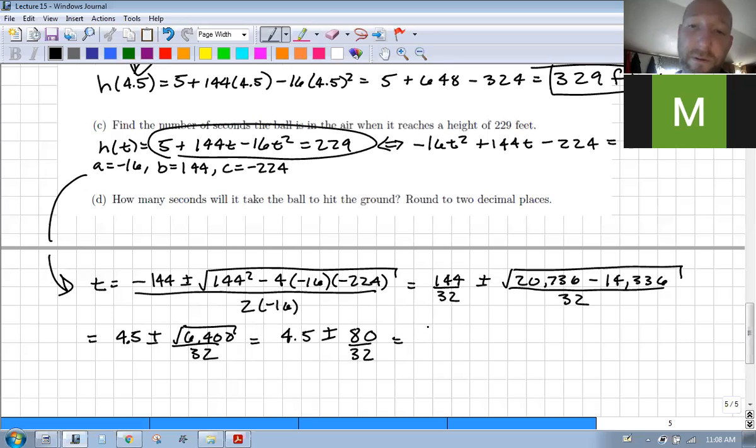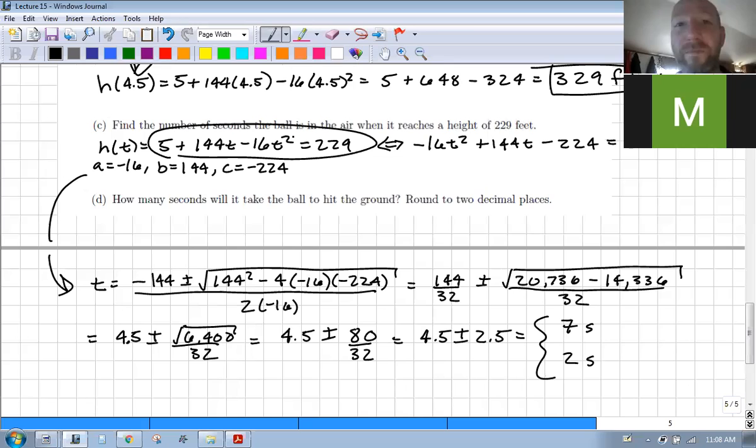So 4.5 plus or minus 80 divided by 32 is 2.5. So 4.5 plus 2.5 would be 7. 4.5 minus 2.5 would be 2.